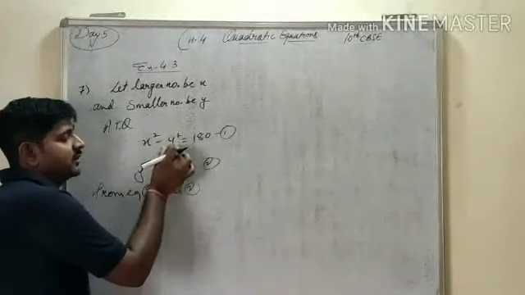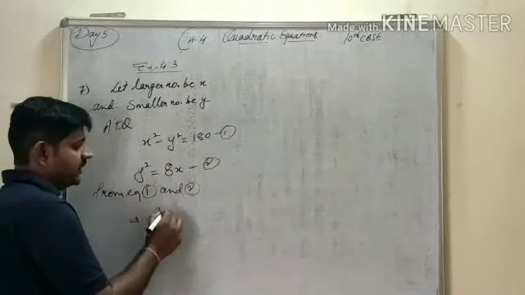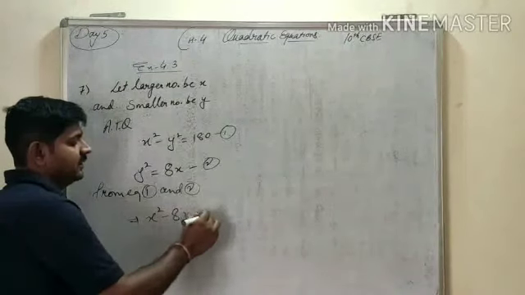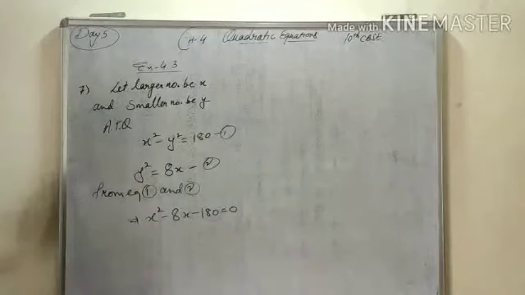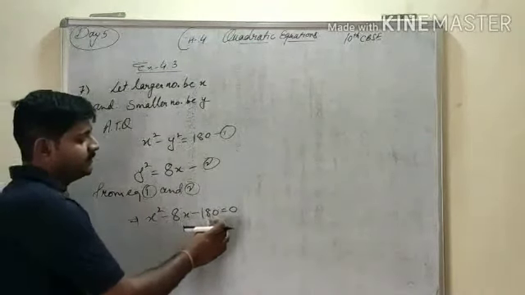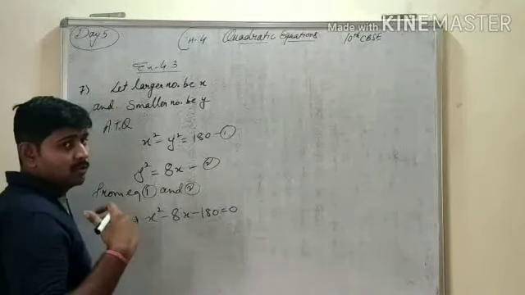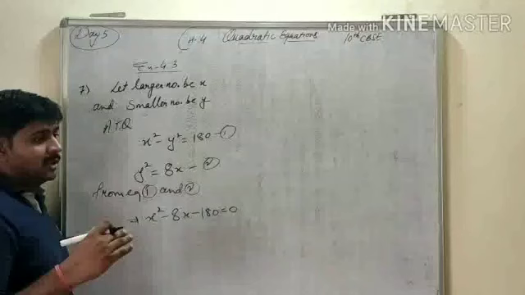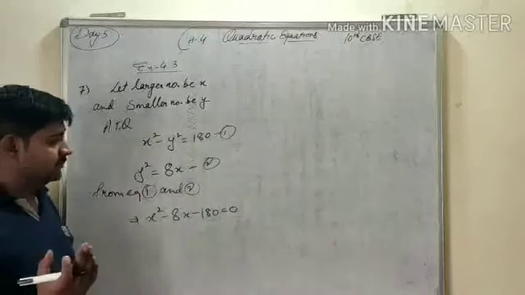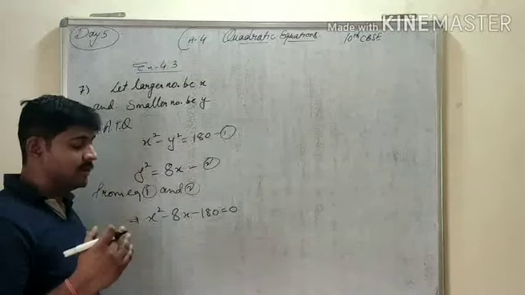In place of y square, we can apply this, and we will get x square minus 8x, and minus 180 we can shift, so it will be negative. Now we need 180 and this is 8. So 180, we can say 16, 9, there will be 18 5s.